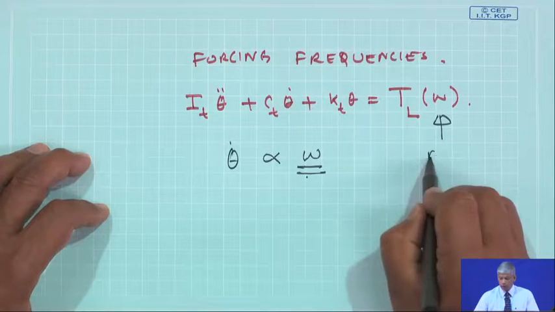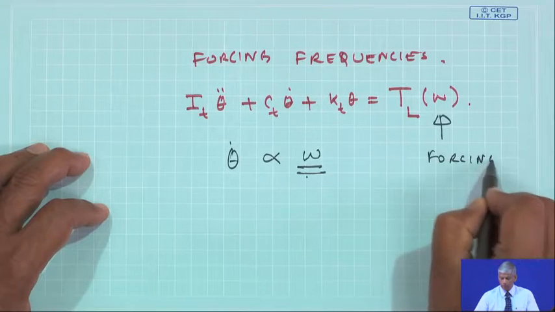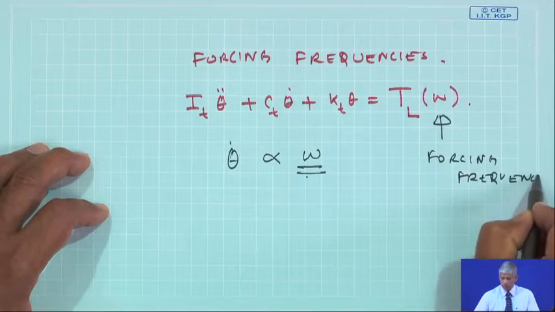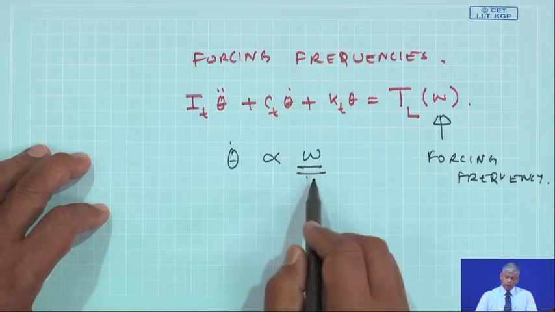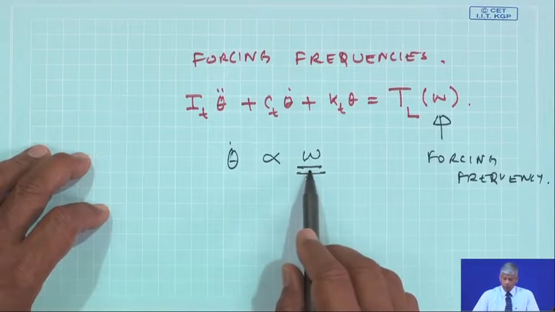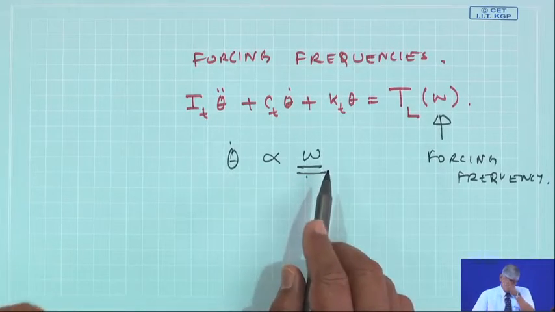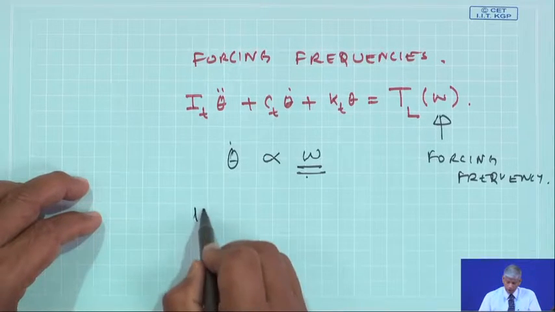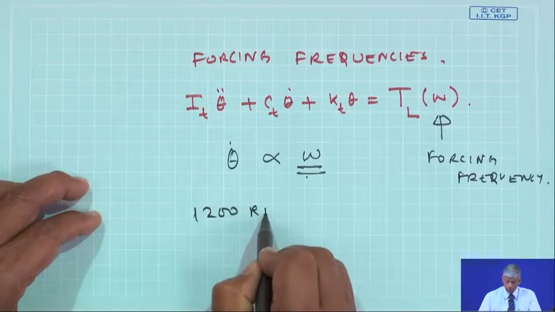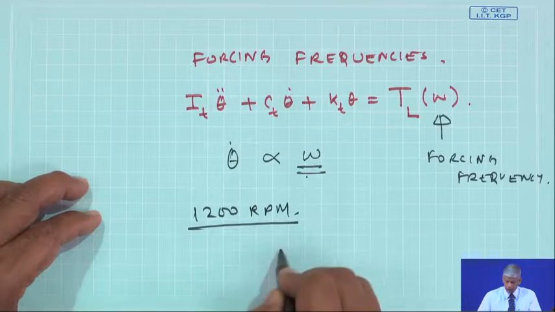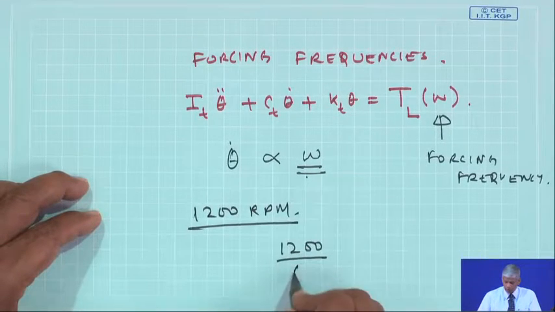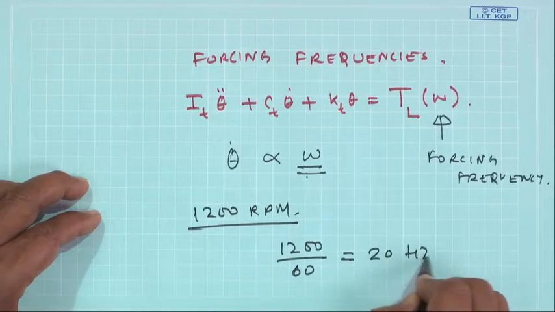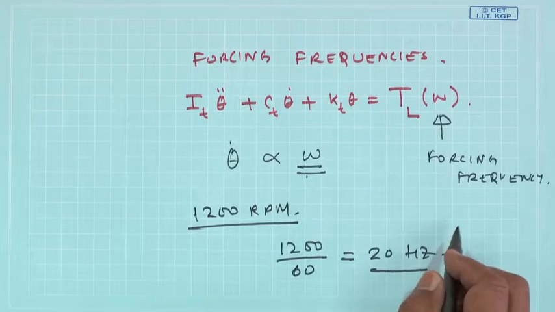So, this is my forcing frequency, and the response will be a function of the forcing frequency. For example, a shaft is rotating at say 1200 RPM. What is the forcing frequency? Nothing but 1200 by 60, 20 hertz. This is my forcing frequency.